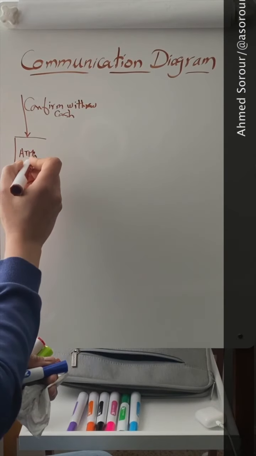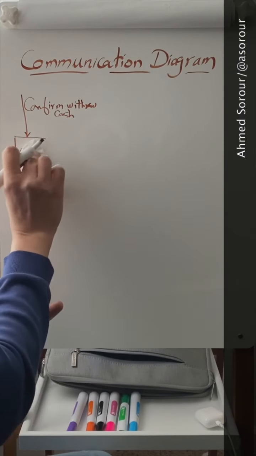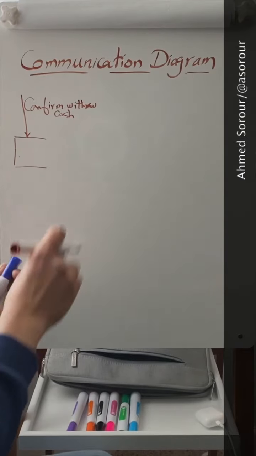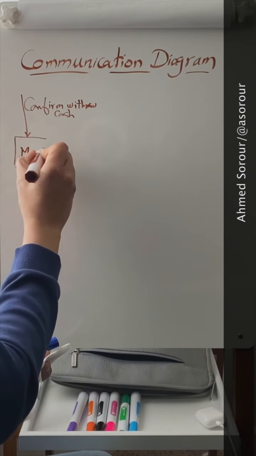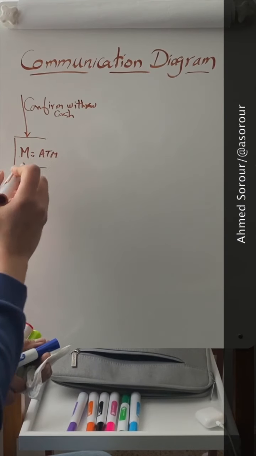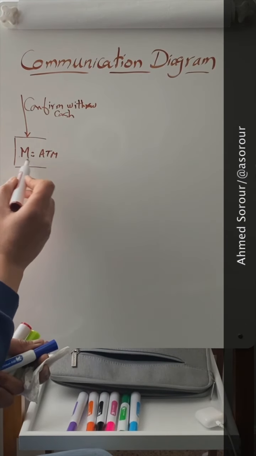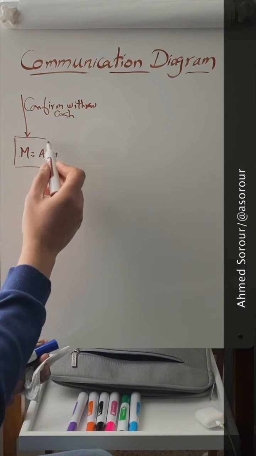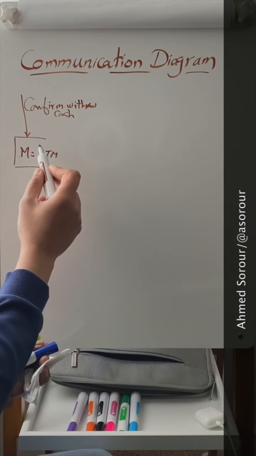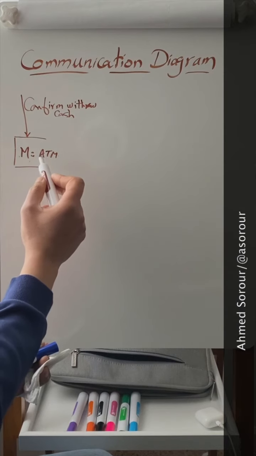Think of this as a variable M, and this is the ATM machine. The M is a variable name, and this is the type, or the entity. This is mostly coming from the domain model we did.